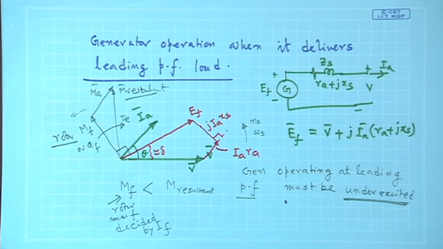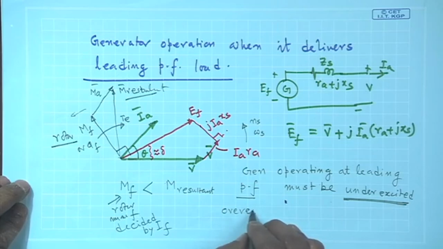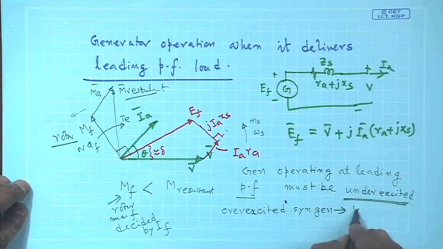So, a synchronous generator, if it is over excited, must be supplying a lagging power factor load. Earlier we have seen that an over excited synchronous generator supplies a lagging power factor load.